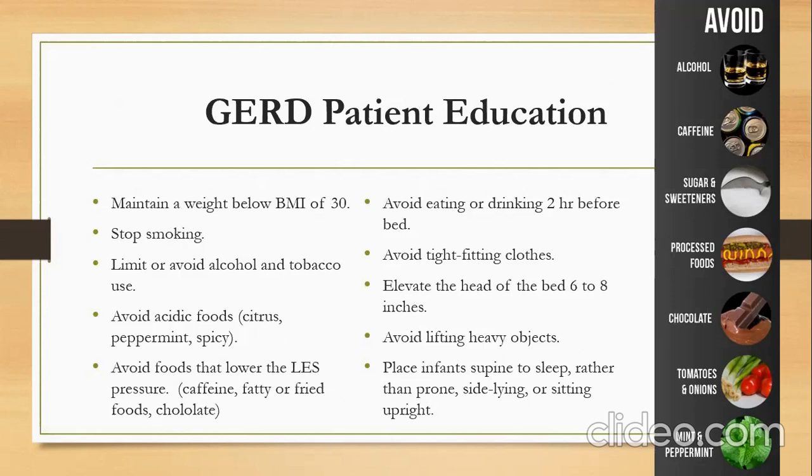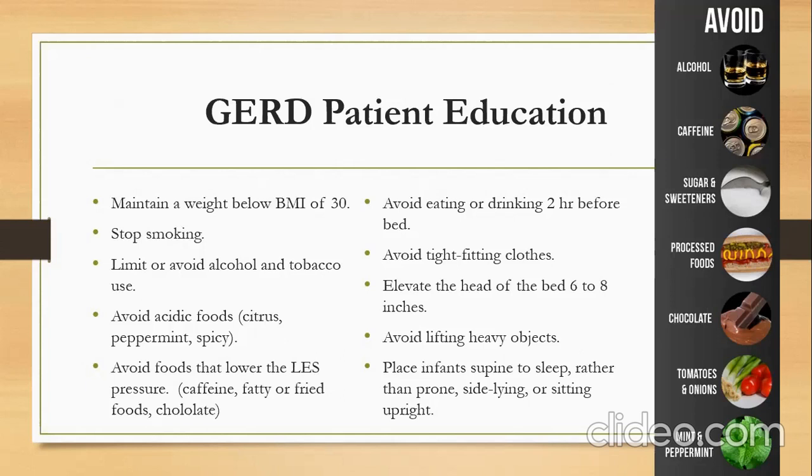Avoid tight fitting clothes. Maybe you need to loosen it up. Don't go to Old Country Buffet. That's why people need to loosen up their belt, make room. Stop wearing that super tight stuff if you are having chronic acid reflux. Elevate the head of the bed for patients in the hospital, or for patients at home.